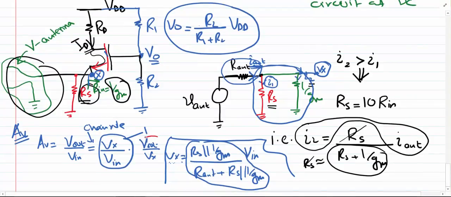and this part V out over Vx has already been done, which is equal to the gain of the common gate stage, which we found out to be GM RD.